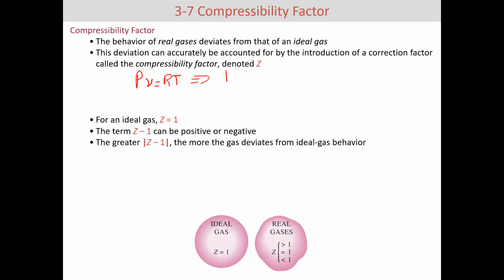The compressibility factor introduces a factor Z into the ideal gas law. And the closer this Z is to 1, the closer to an ideal gas it is. But when you deviate from the ideal gas, you can compute a value for Z that corrects for the deviation from an ideal gas.